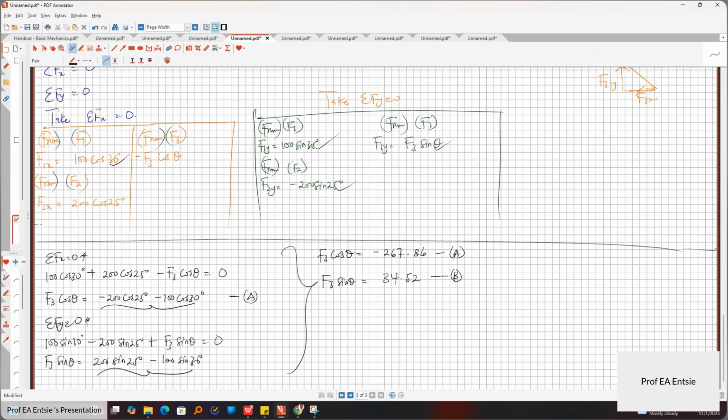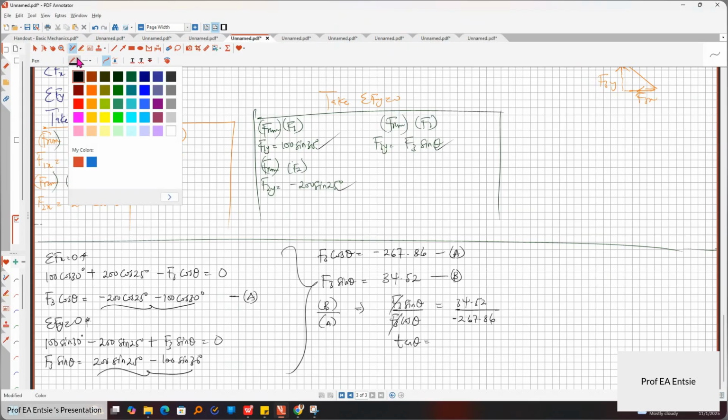So what can we say? You can say equation B divided by equation A, which implies that F3 sine theta over F3 cos theta will be equal to 34.52 over 267.86. Of course, there's a negative there. So F3 cancels F3, I'll get tan theta.